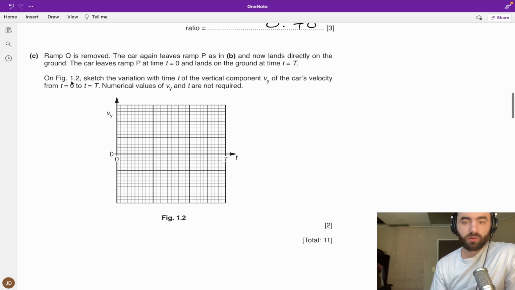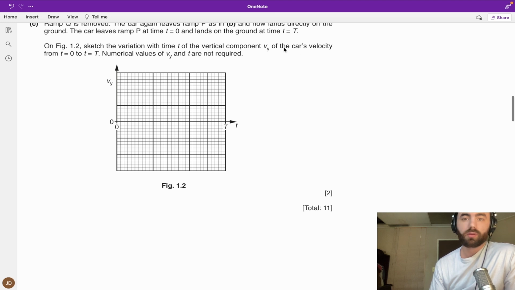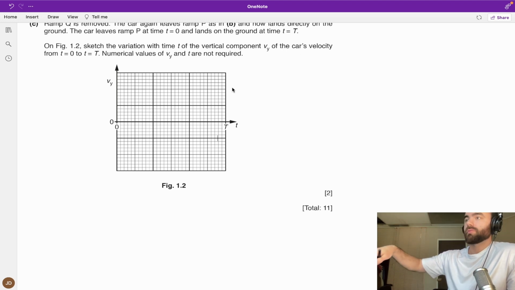At the end on the figure, sketch the variation with time T of the vertical component of the car's velocity. So it leaves the ramp, now it's got no other ramp to land on, it just drops straight to the ground.